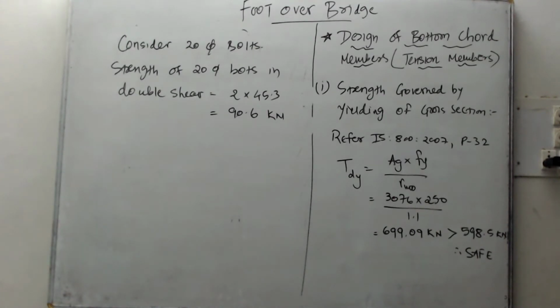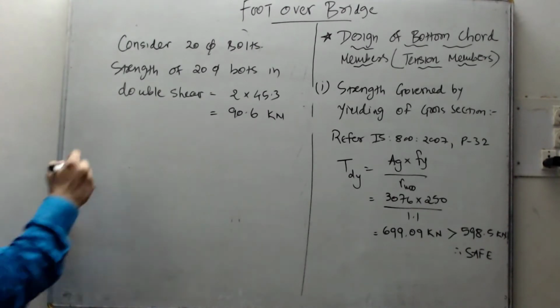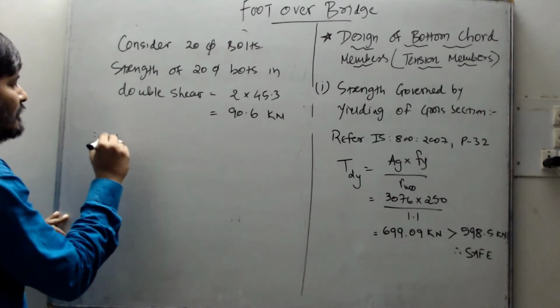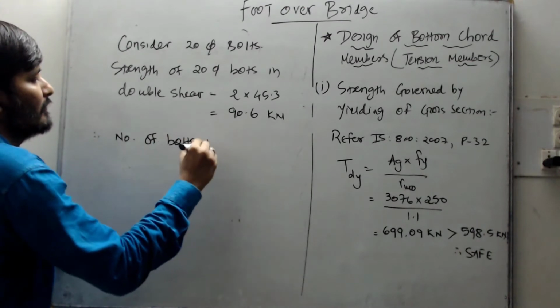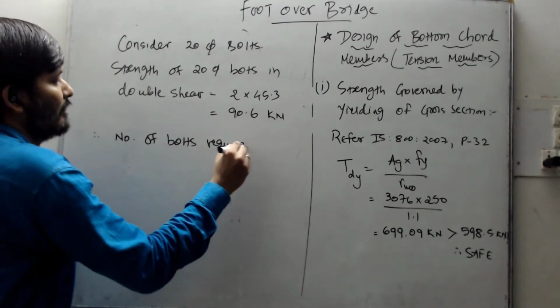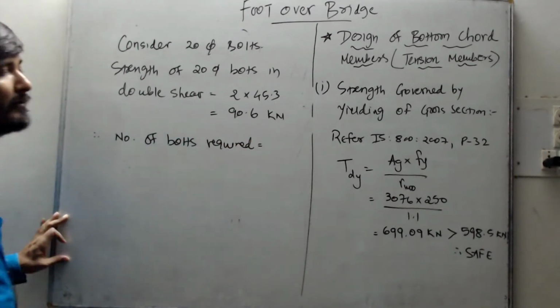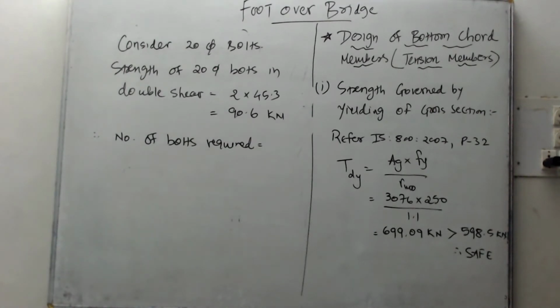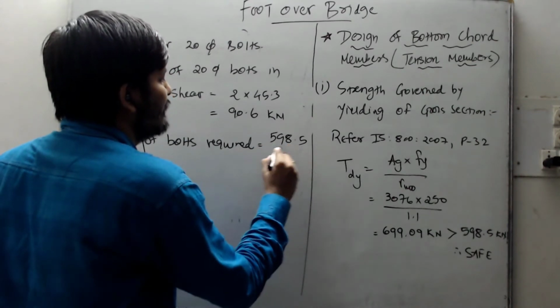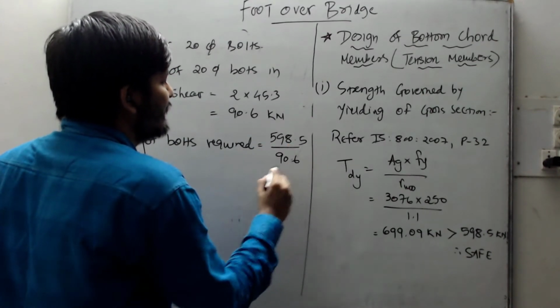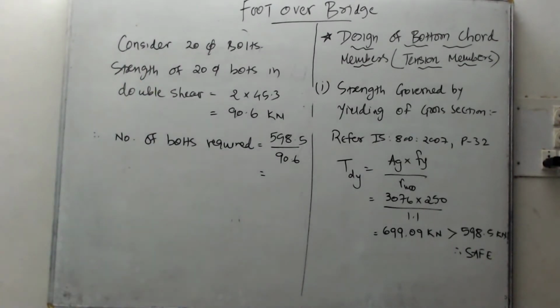Therefore the number of bolts required will be equal to tension force divided by strength. So 598.5 divided by 90.6. You'll get your number of bolts as 6.6, let us say 7.